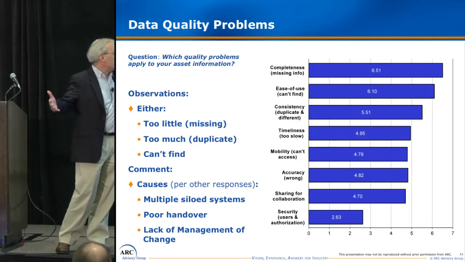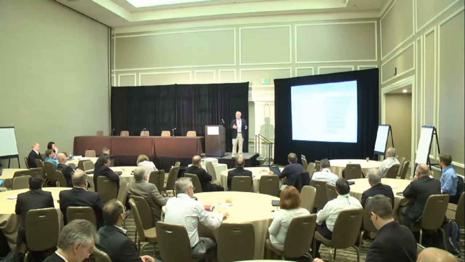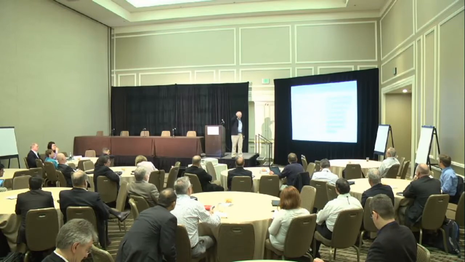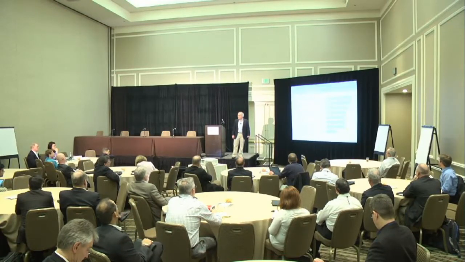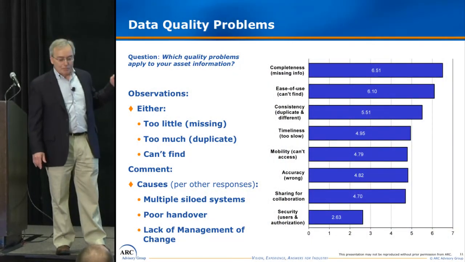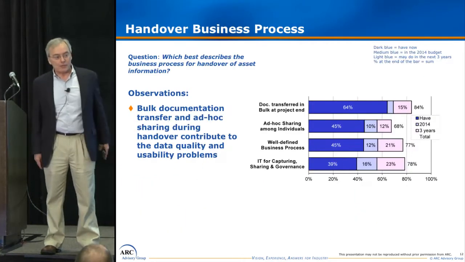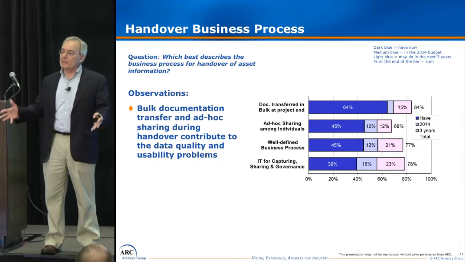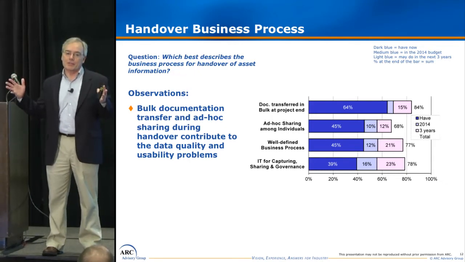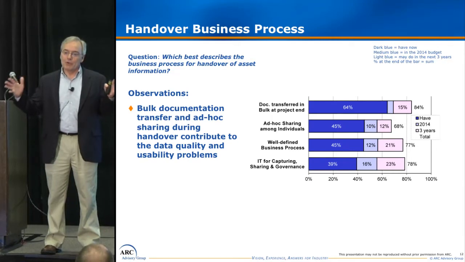Incomplete lists, missing information, can't find it, out of date, are all examples of the quality problems. The primary problem is associated with handover. Handover has to be probably the most dysfunctional process there is, and totally mucked up in most facilities.